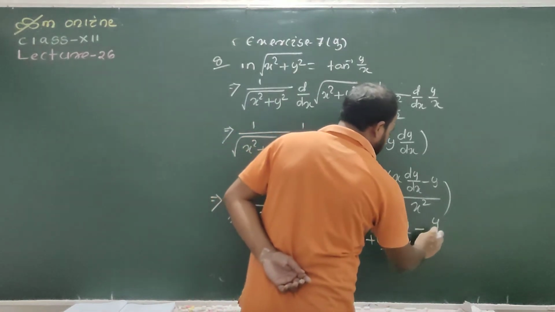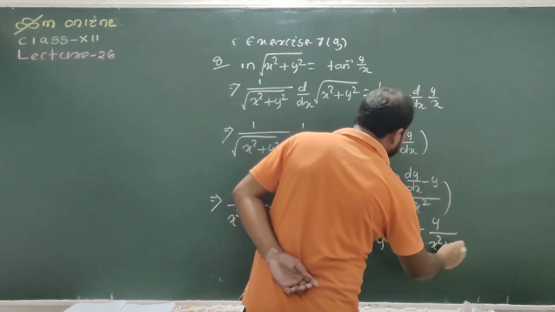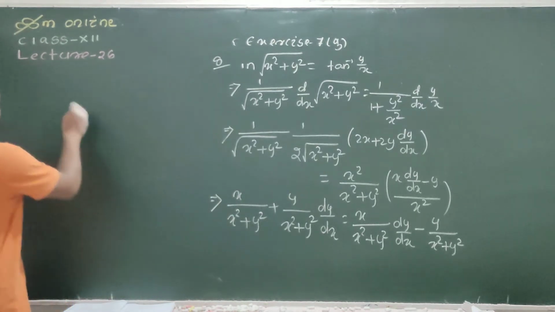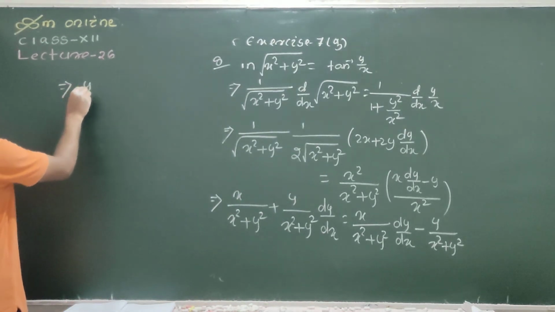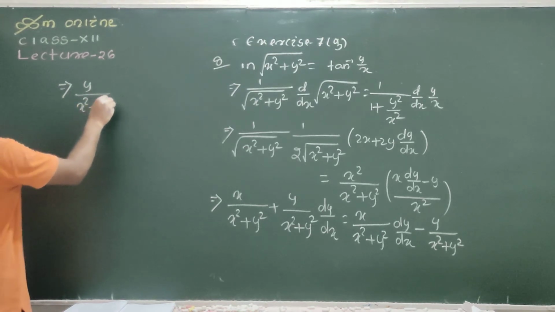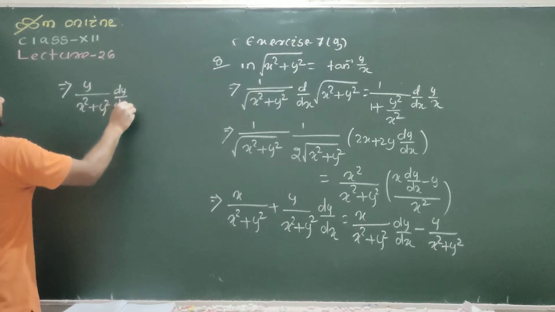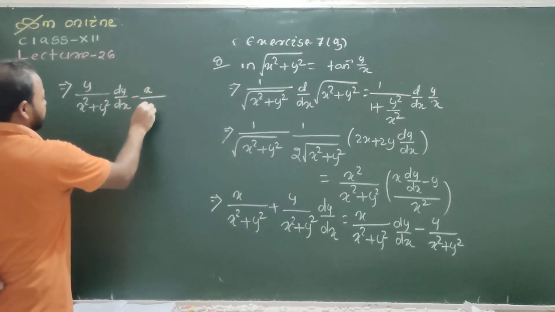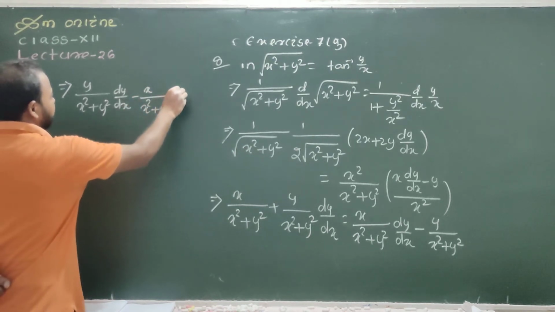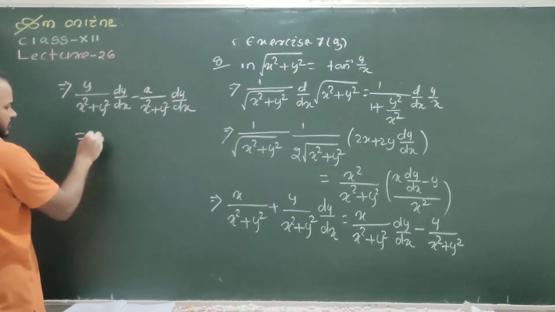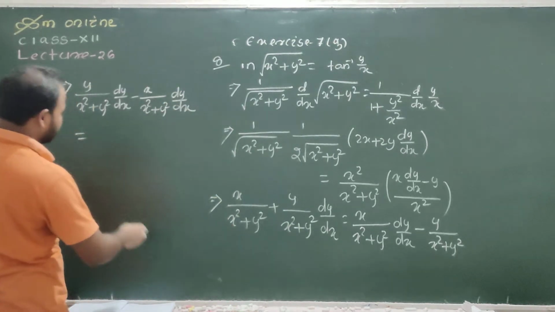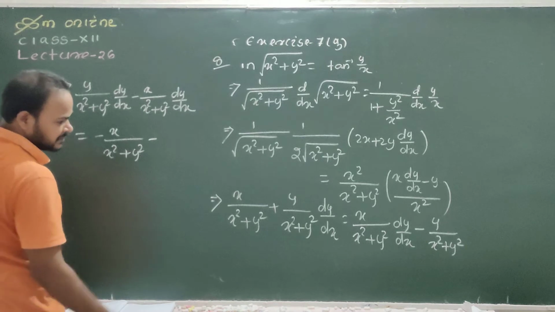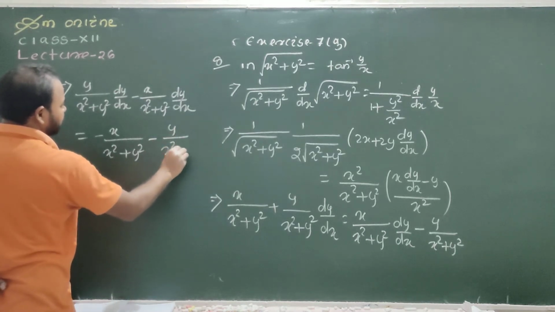minus y upon x square plus y square. Now taking dy by dx to the left hand side, it is equal to y upon x square plus y square dy by dx, minus x upon x square plus y square dy by dx, equal to minus x upon x square plus y square minus y upon x square plus y square.